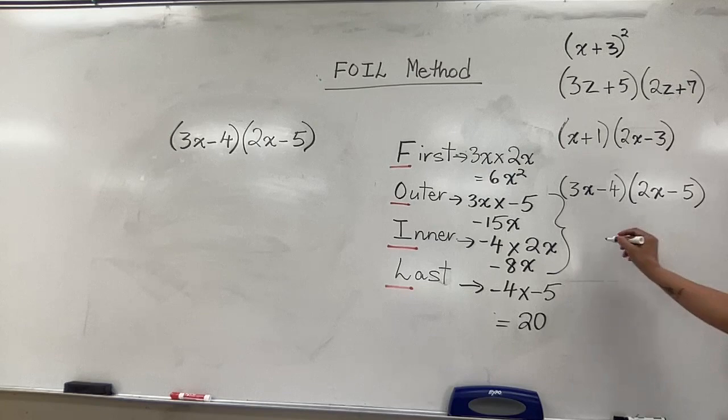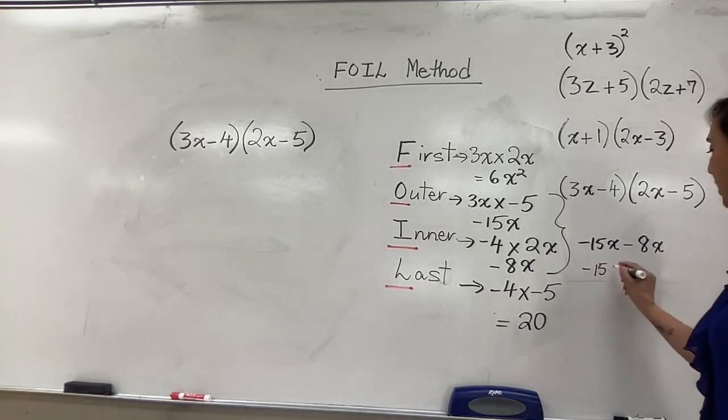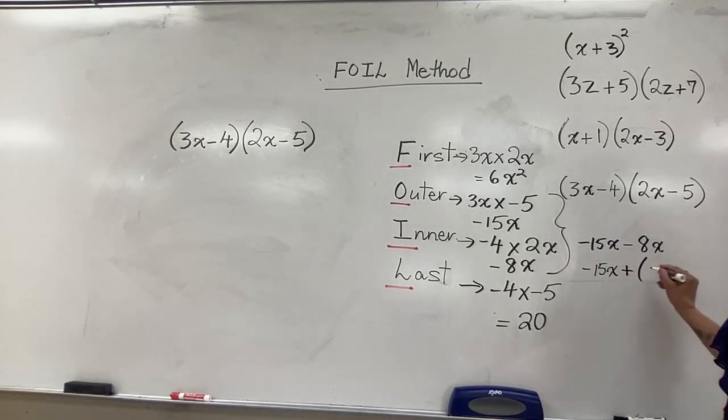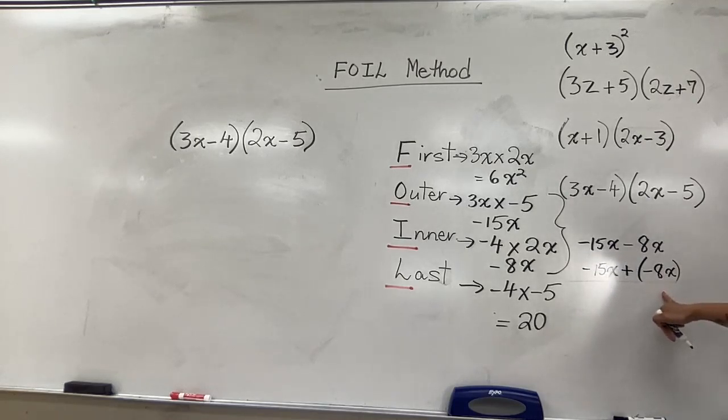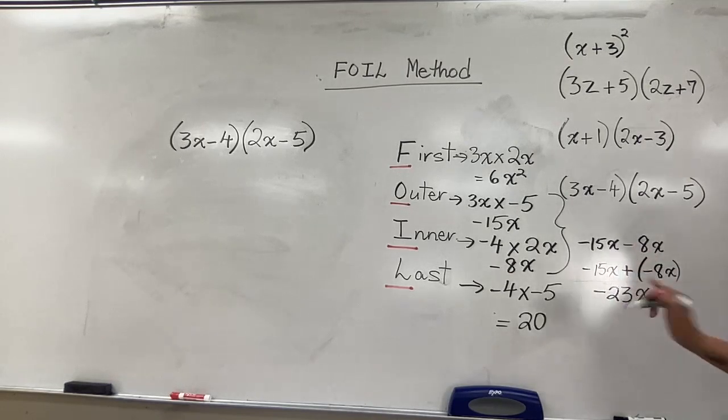All right, so I have negative 15x minus 8x. So basically, what this actually means is that I have negative 15 x's and I have another negative 8 x's. This is basically what it means. All right, and so same sign, I'm going to add them, and 15 plus 8 is 23 with the negative sign in the front. So I'm just showing you how we are combining the like terms over here.